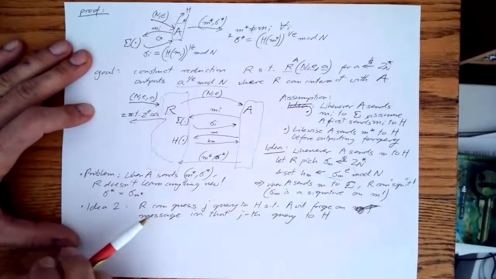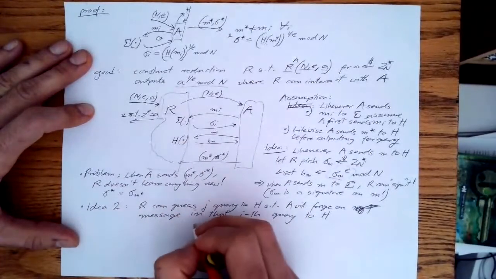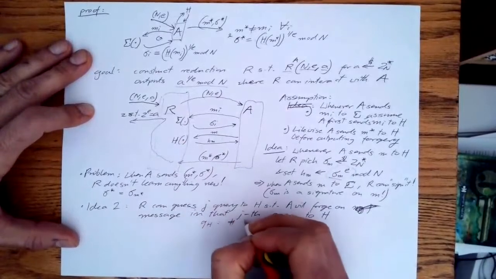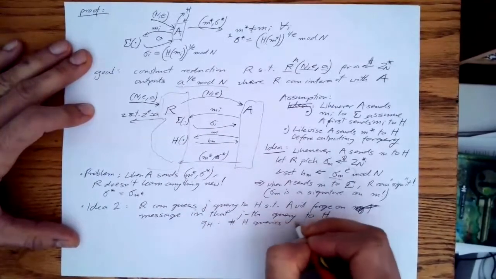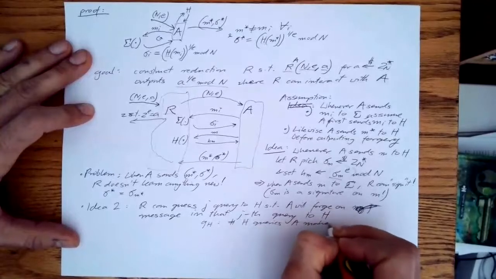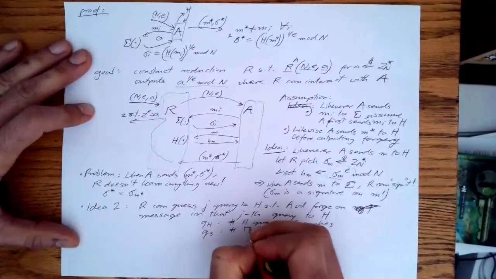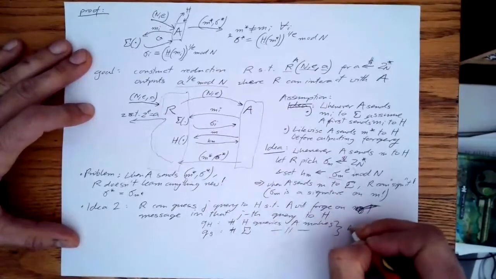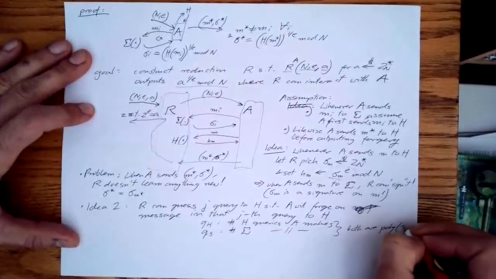So, okay, let QH be the number of H queries A makes, and let QS be the number of signature queries A makes, and both are polynomial in the security parameter, right?